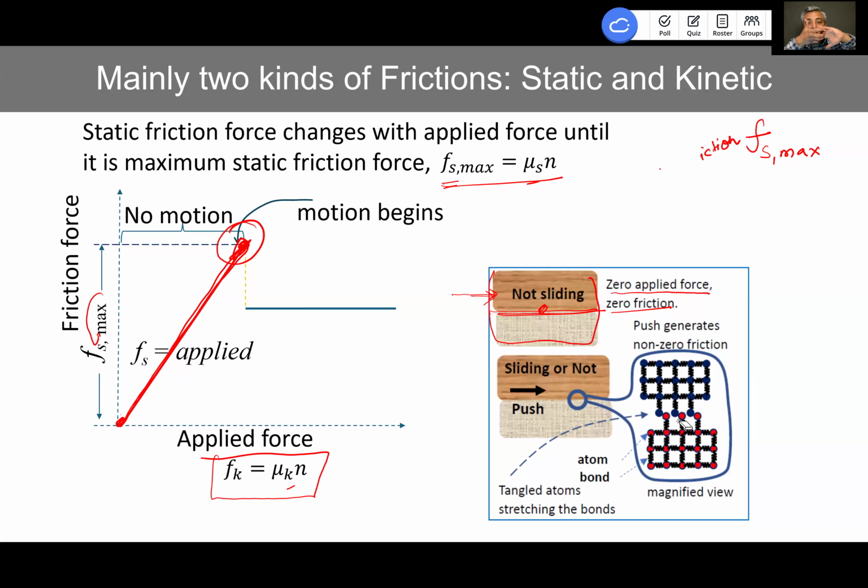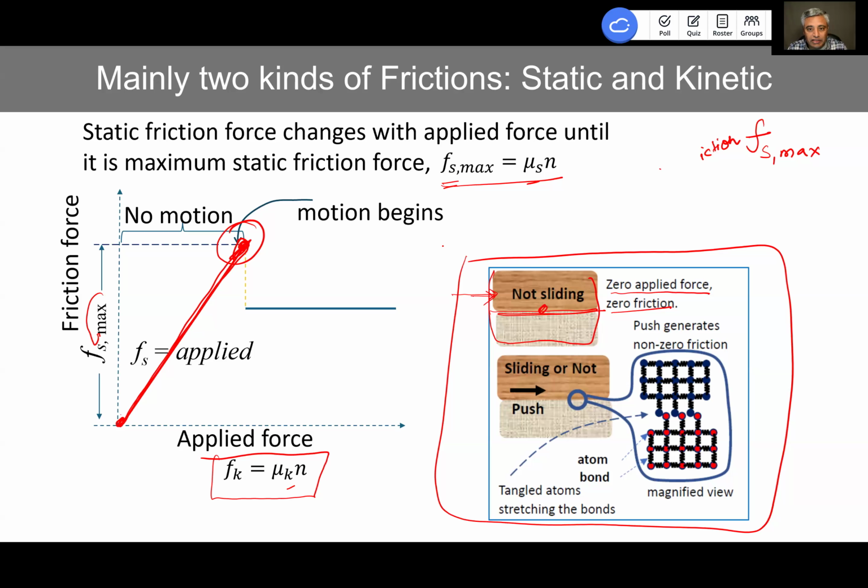The springs get tangled, for example, if you try to separate them. That's what's happening here as well at the microscopic level. And the bonding force is different for different materials. Because of that, this friction coefficient is also different. So that's a bit of detail about the origin of friction force.